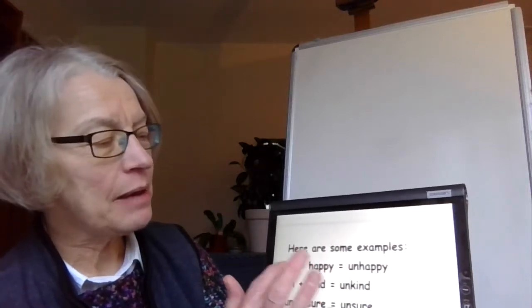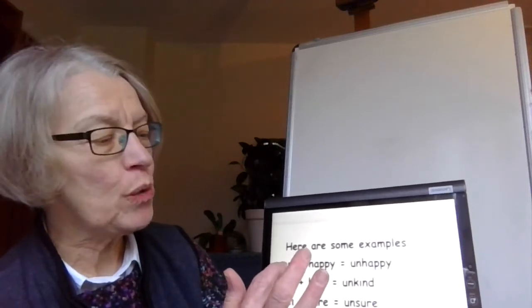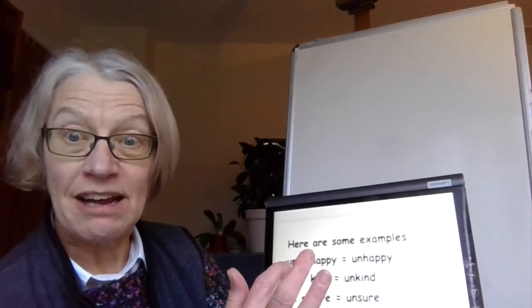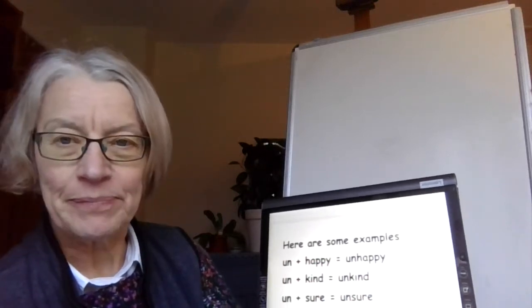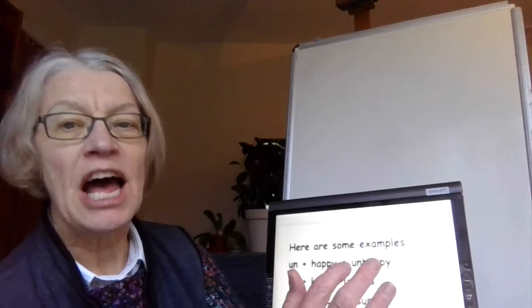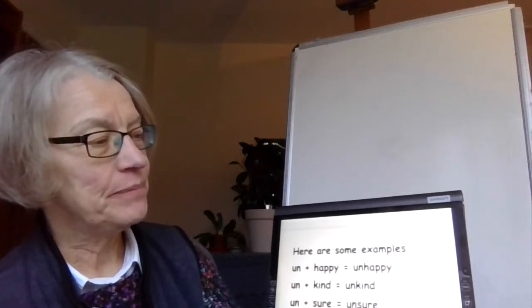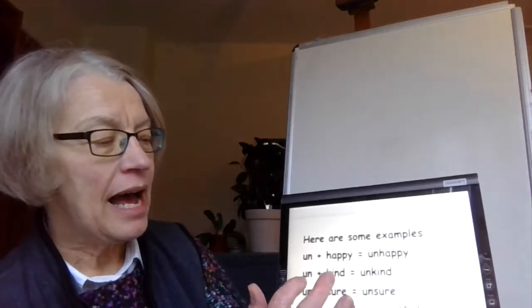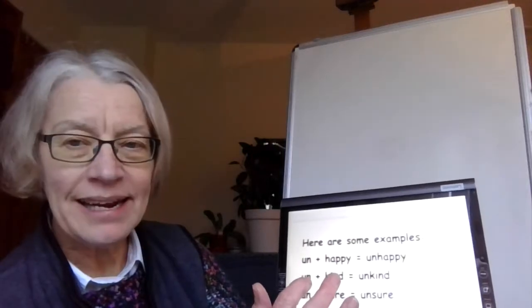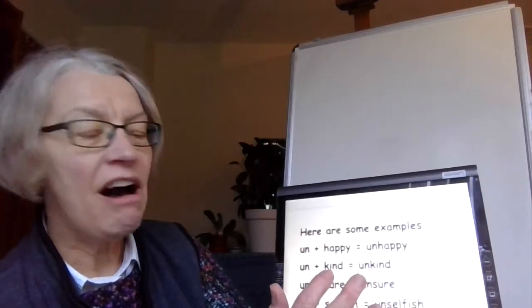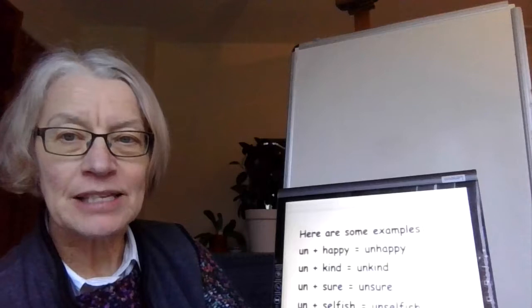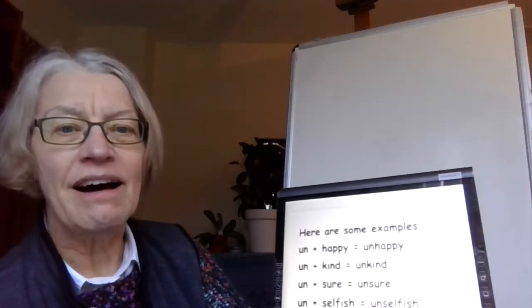So we can put the letters UN on the start of the word happy, and we make the word unhappy. We can add the letters UN to the word kind, and it makes the word unkind.